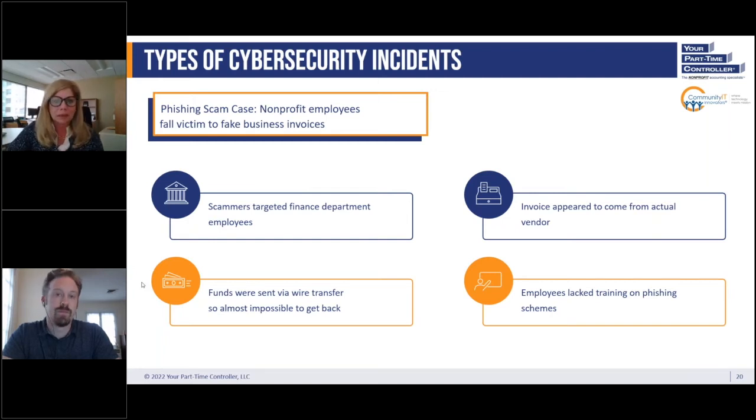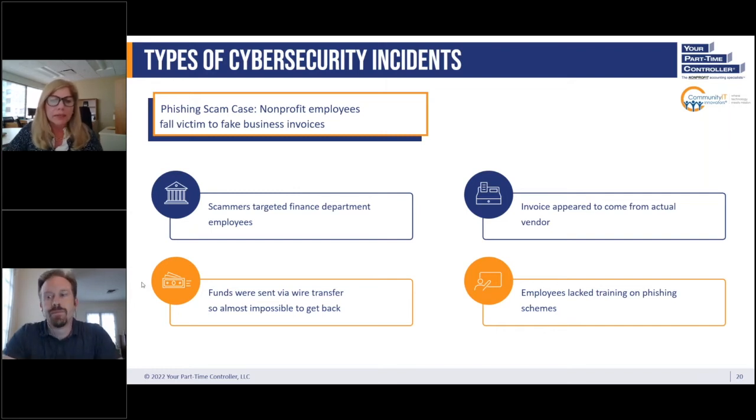They infiltrated their computer systems through a phishing scam, and then they put in controls that blocked legitimate emails from the construction vendor, preventing those from getting through. And then the final step was the spoofing email that mimicked an invoice from that construction company, which the nonprofit was expecting, and it looked real, and they paid it to the tune of almost $1 million.